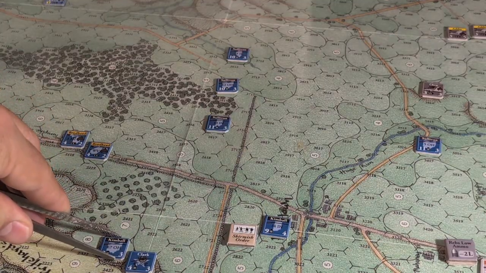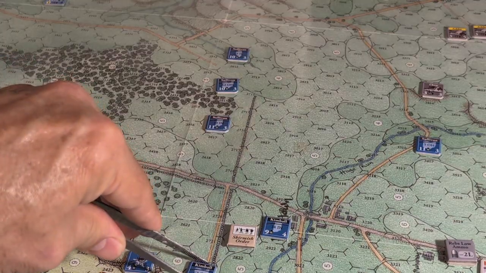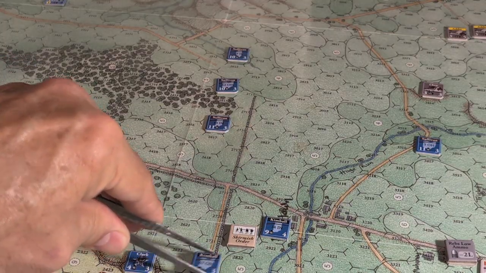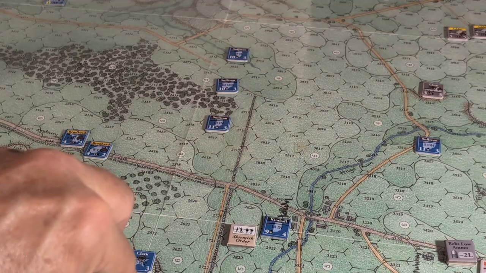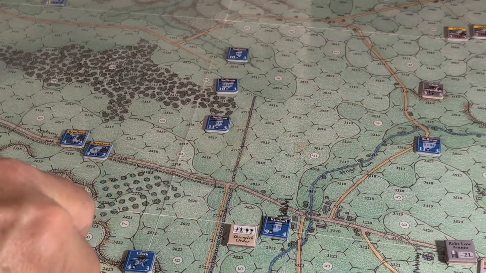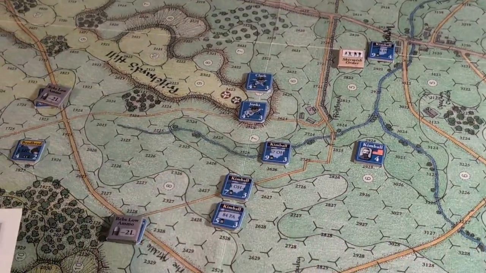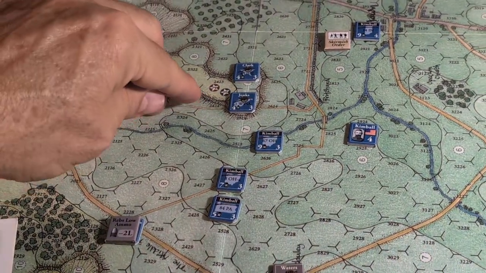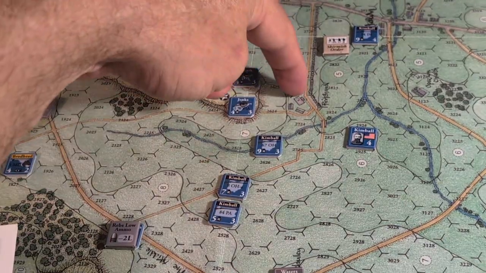This guy going up is, well, he could go this way. He can go 1, 2, 3, 4, 5, 6. Didn't see that, did you? Okay. So they moved here, and then this one went around this way.